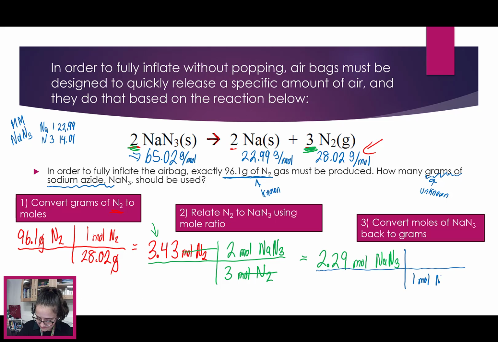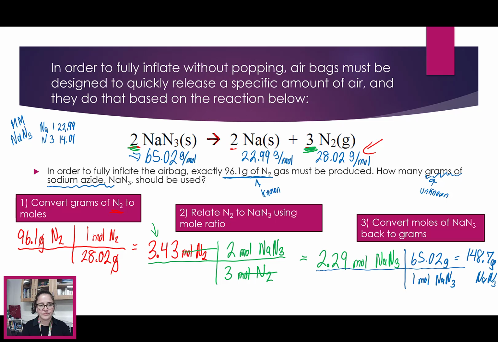So 1 mole of NaN3 has a mass of 65.02 grams. So we got that 2.29 times 65.02 divided by 1, so times 65.02. And we get our answer, which is 148.6, so 148.7 grams of NaN3.